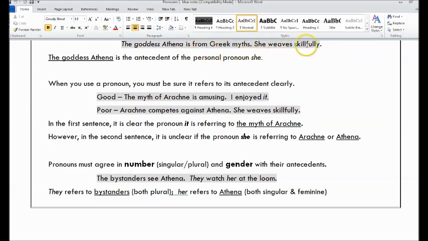Or I wouldn't say we weave skillfully to refer to the goddess Athena. That doesn't work. Okay, and in gender, Athena is a goddess, so we would say she, not he or it. Okay, so the bystanders see Athena, they watch her. They refers to bystanders, plural, third person, and Athena was replaced with her, singular, female, and third person as well.